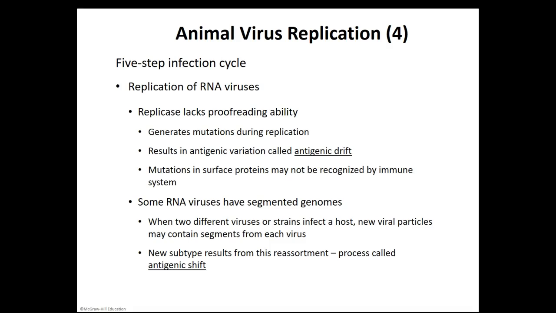I love the analogy that your book gives for this. They represent two segmented genomes by using letters A through E. The first virus has a viral genome of capital A, capital B, capital C, capital D, and capital E. Each individual letter is a segment of the complete genome.